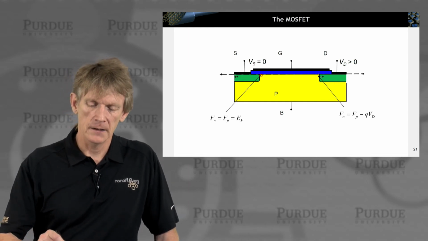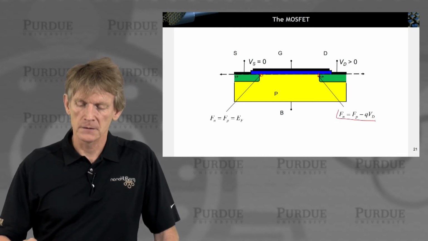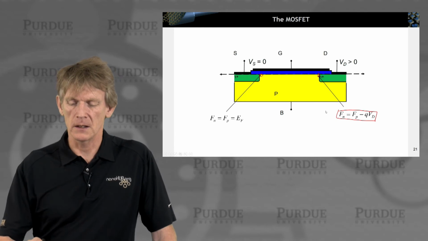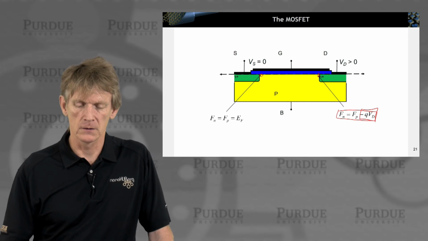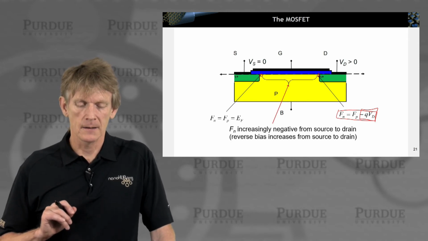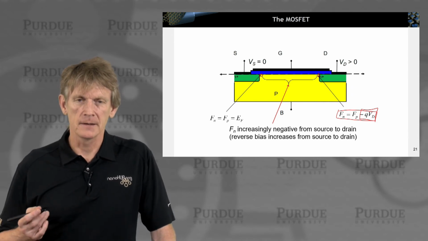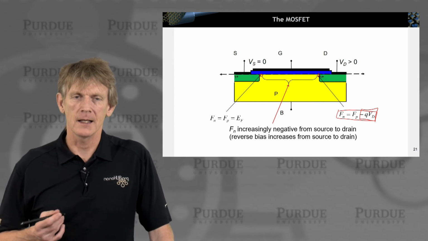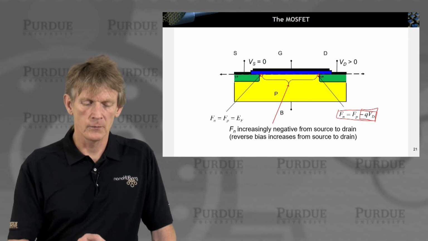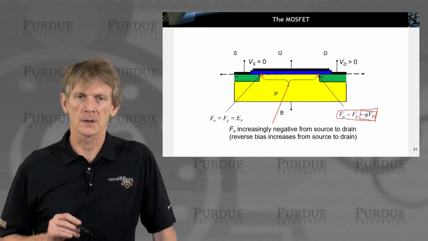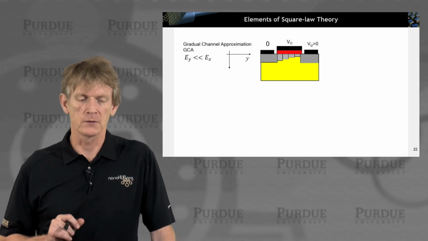At the tail end here, close to the drain, the electron and the hole quasi-Fermi levels are separated by the drain voltage that is applied, scaled by the factor of q, of course. And in the region of the channel here, Fn, the quasi-Fermi level of the electrons, will have to drop down from a high level to a lower level. Okay, so it's the reverse bias increase from source to drain.